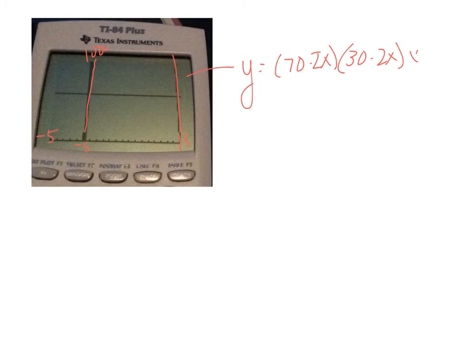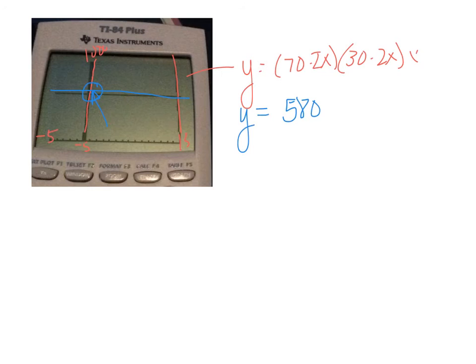Okay, and I also added the second equation. I added y equals 580, and that line is right here. So this intersection point right there, that's going to give us a box that has a volume of 580.